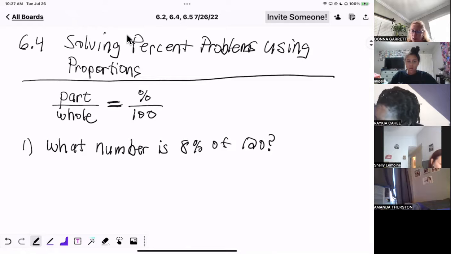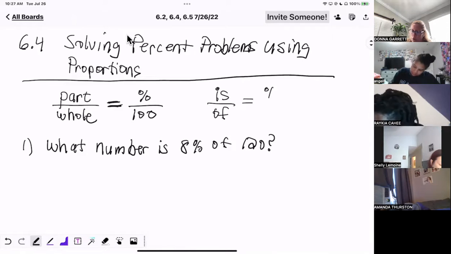You can also think of it as is over of equals percent over 100. You've probably seen that before too. I have the is and I have the of right there. I just like to think part over whole. Everything's part over whole, part over whole, part over whole.